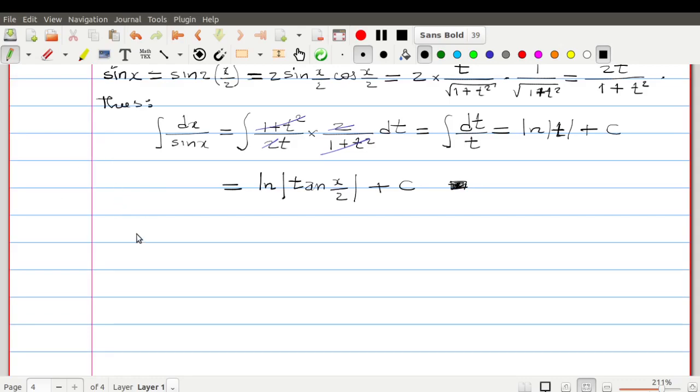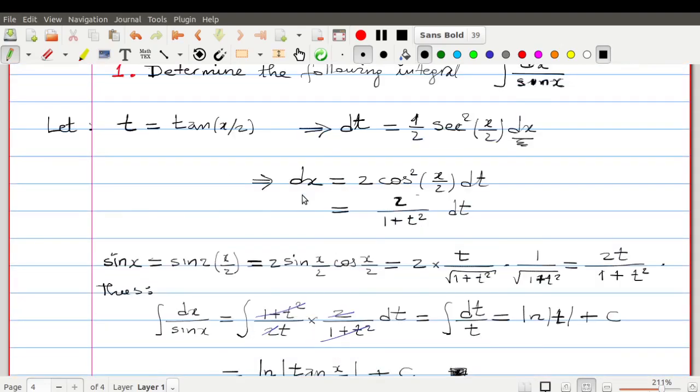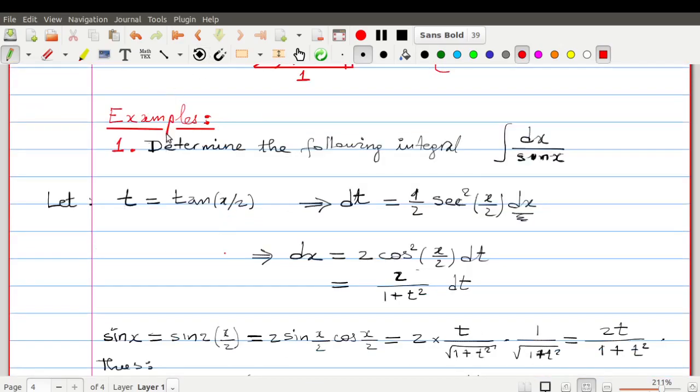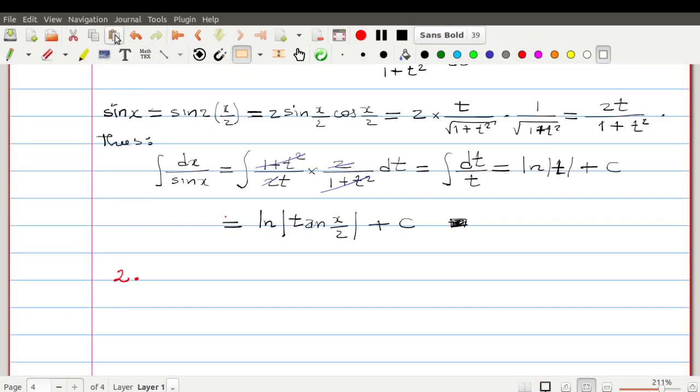The second one: determine the following integral.